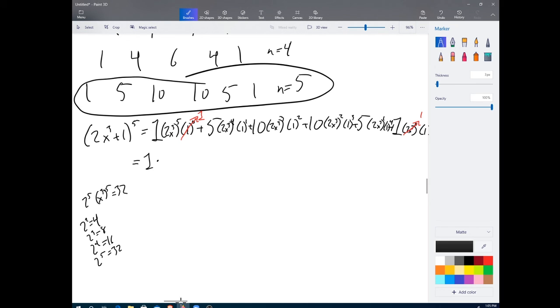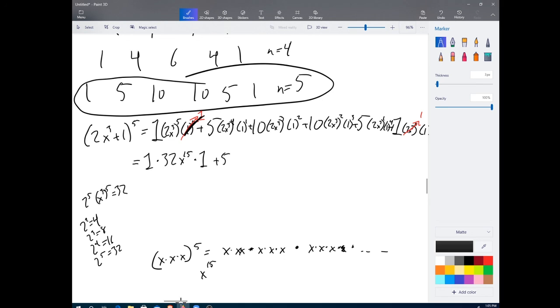And our rule with multiplying the exponents, if I have x cubed to the 5th, that means I have x cubed 5 times, times x cubed, times x cubed, times dot dot dot. Ultimately, I think that you should see that we're going to end up with 15 x's. So this is going to be 1 times 32 x to the 15th. And then this is 1, so I don't have to worry about that. I can put times 1.